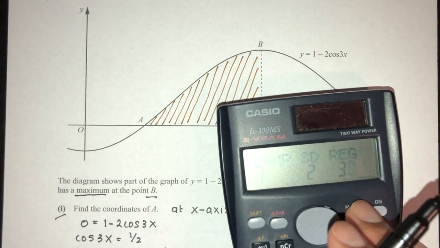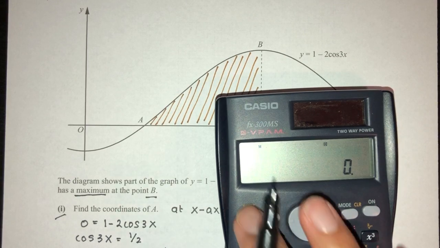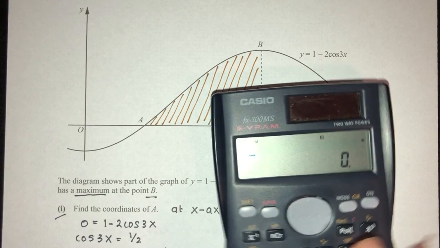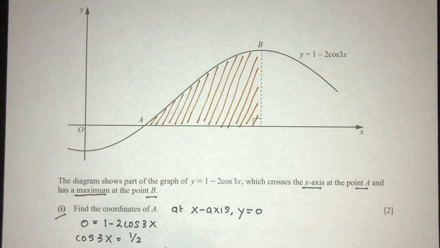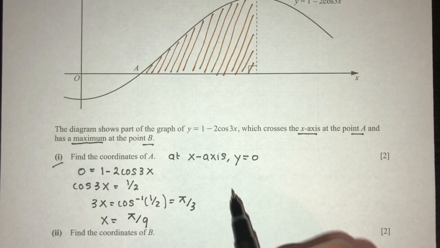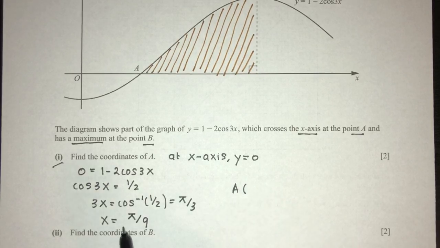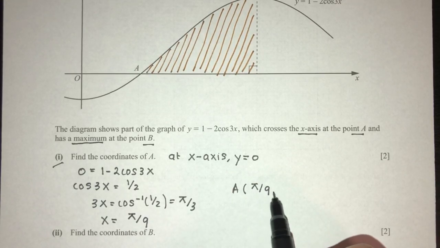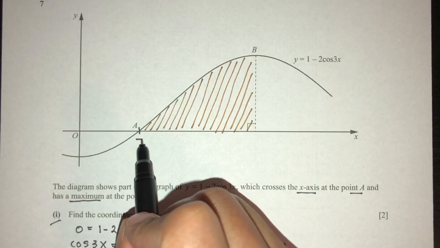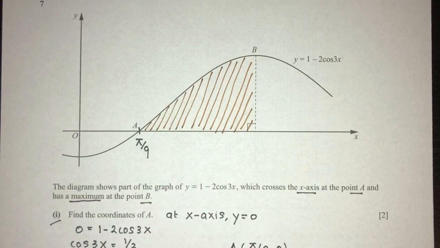Now if you can check in degrees at first, cos inverse of half is what? It is 60 degrees, which is equal to pi by 3. So x is equal to pi by 9. So basically the point A is x equals pi by 9 and y is 0. So let's make a mark here. This is pi by 9.